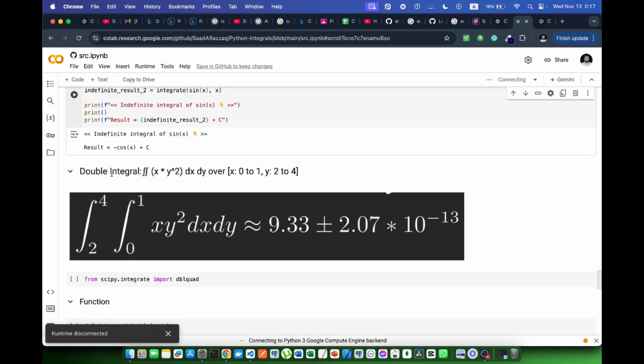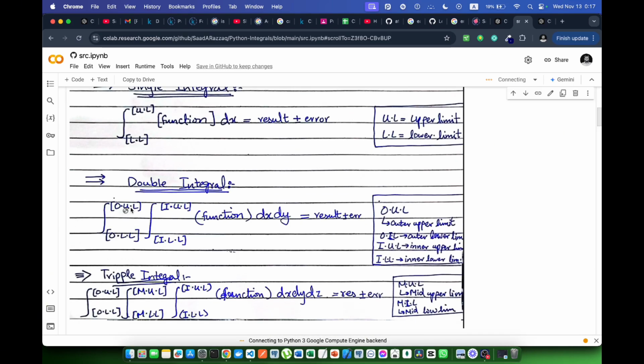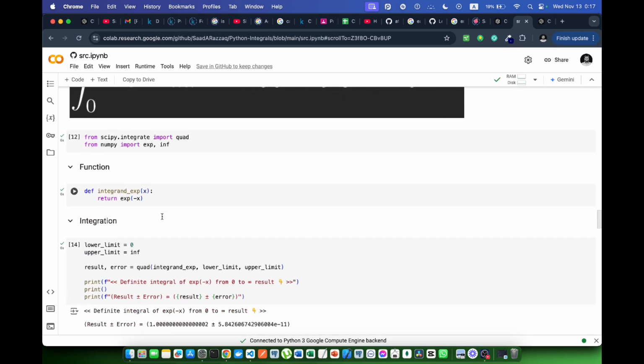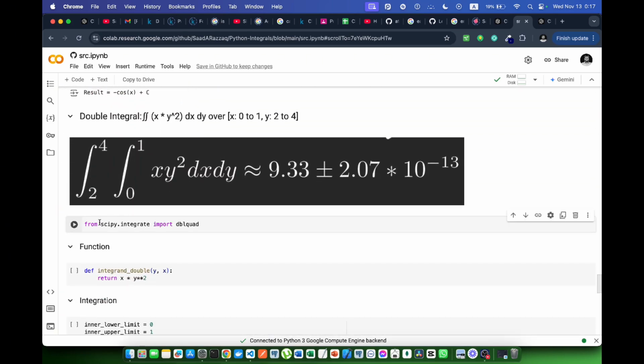Now moving on to double integrals. As you remember, I mentioned that there is an outer upper limit and an outer lower limit, and an inner upper limit and inner lower limit. So outer integral, inner integral. That's the concept that we are going to use in double integration. First import dblquad, which will perform double integration.